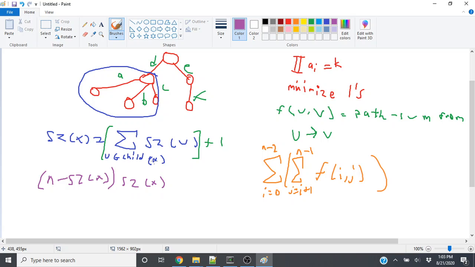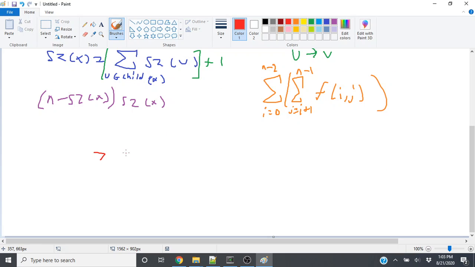Another bit of intuition: let's say we have four numbers, 7, 5, 3, 2. What's the best way to multiply these numbers to maximize the sum? Let's say we did 7 times 2 plus 5 times 3. This would be 14, this would be 15, and that total is 29.